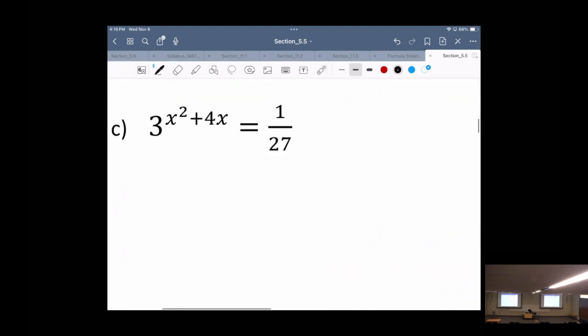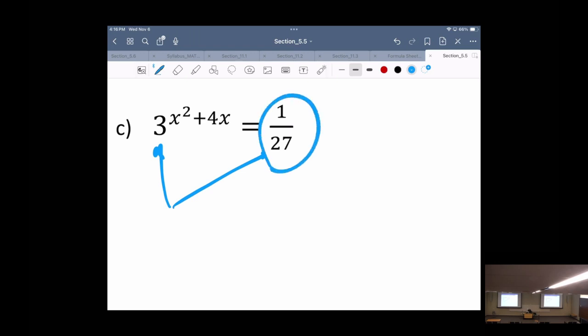Part C, same idea. You take a look at both sides and see if you can write the right side as some power of base 3, because on this side the base of that exponential function is 3. And the answer is yes. So let's see, and again I'm assuming you've already answered this on your own, and you're going to compare your solution with this.